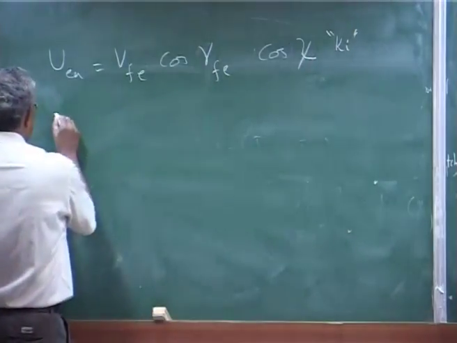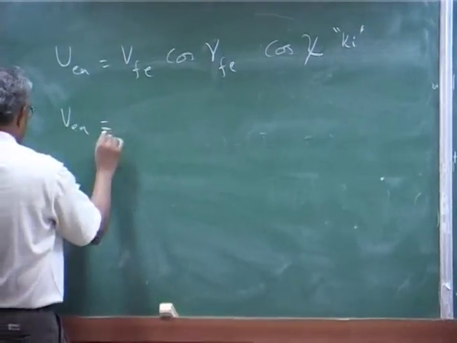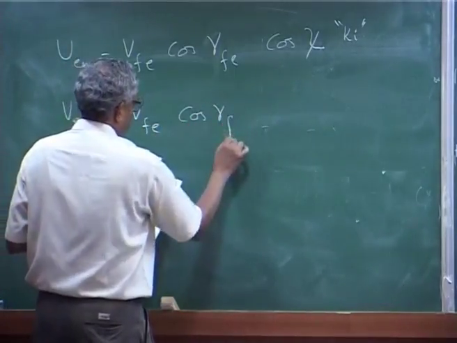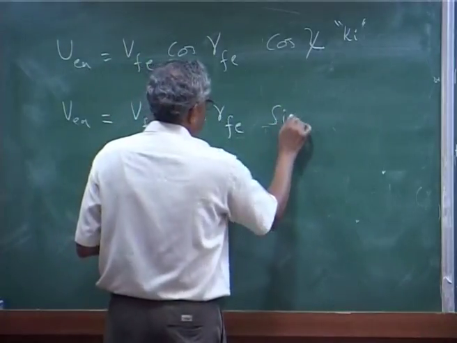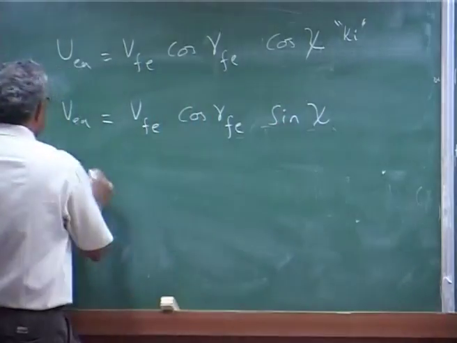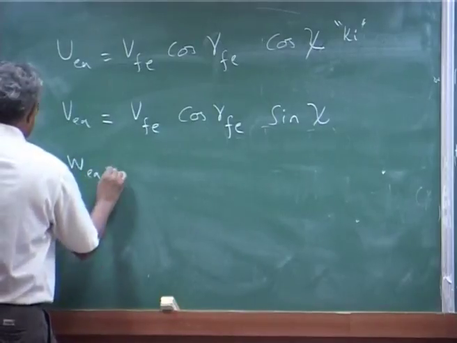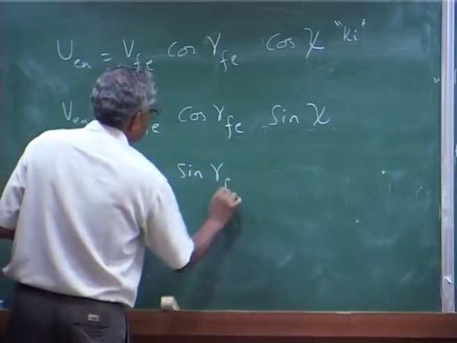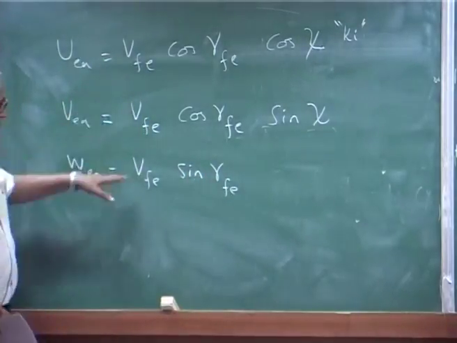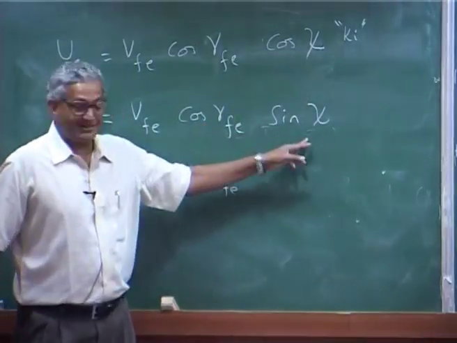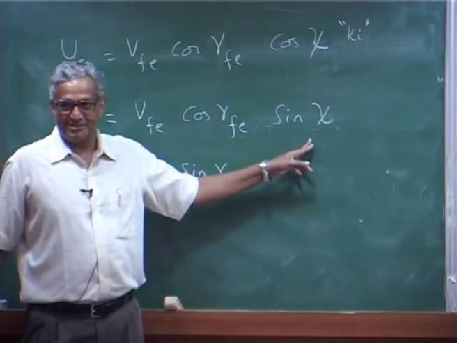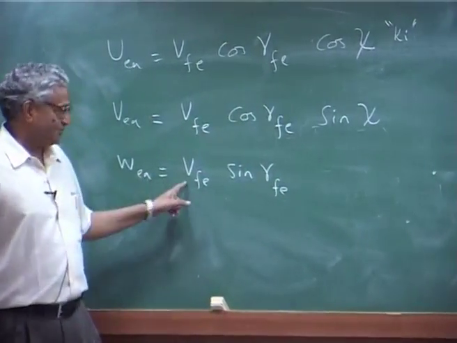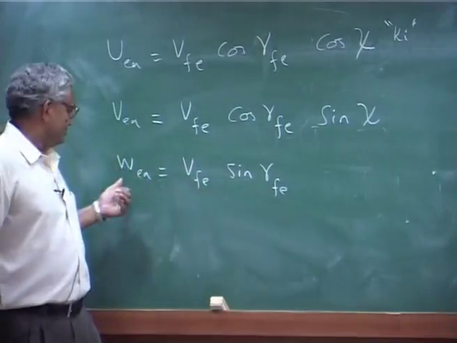And then v earth is VFE cosine gamma FE sin chi, and then W earth is VFE sin gamma FE. This you can get, only thing is you do not know what these quantities are. Mathematically I can write it, but given this sin gamma FE, I know W earth.